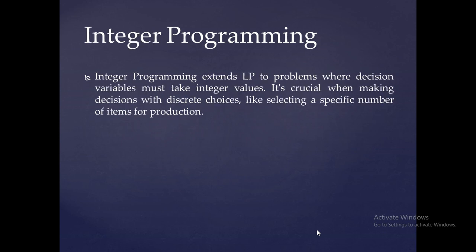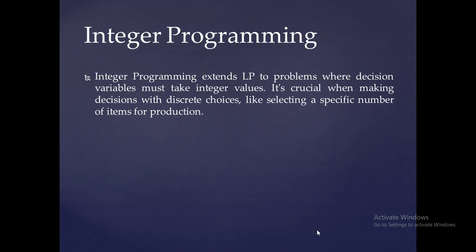Integer programming. It is an extension of linear programming and it is used when decision variables must take integer values. While linear programming allows for fractional solutions, integer programming enforces that each variable is a whole number.